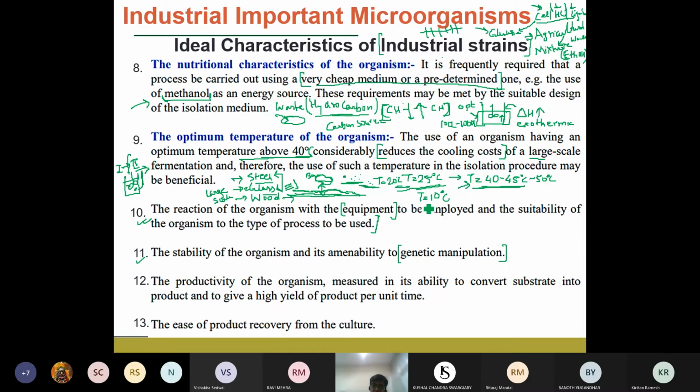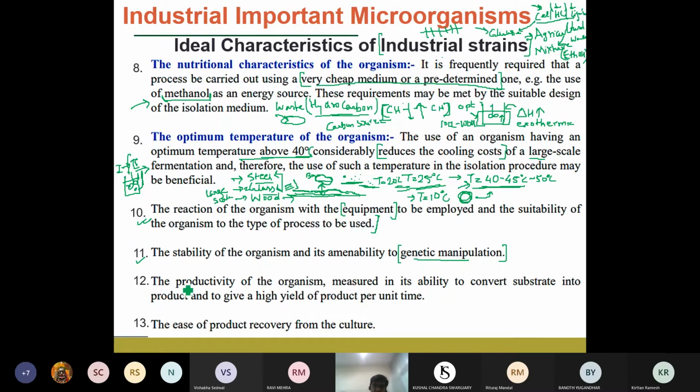If the wild strain is genetically modifiable, then you can easily design a vector system, or modify the genes in such a way that it is able to grow at a comparatively higher temperature. So genetic modifications are required, and it is always desirable that your targeted microorganisms can be easily genetically modified.